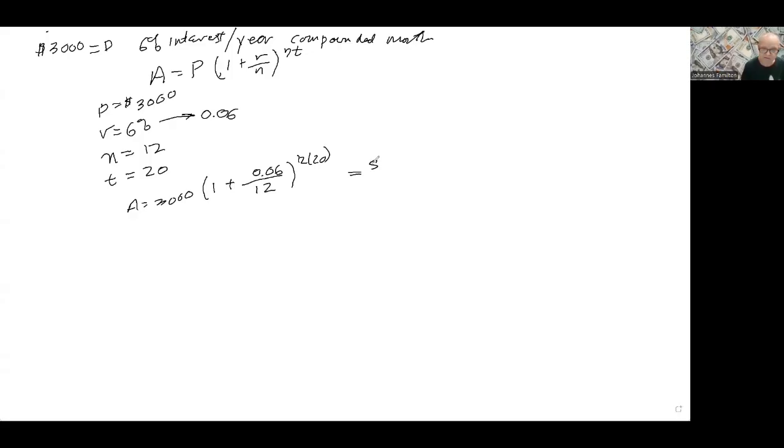Inside the bracket, 0.06 divided by 12 is 0.005, and I'll multiply 20 times 12, and I'll get 240.